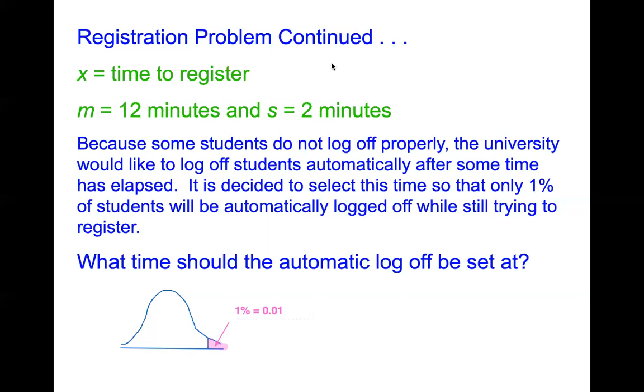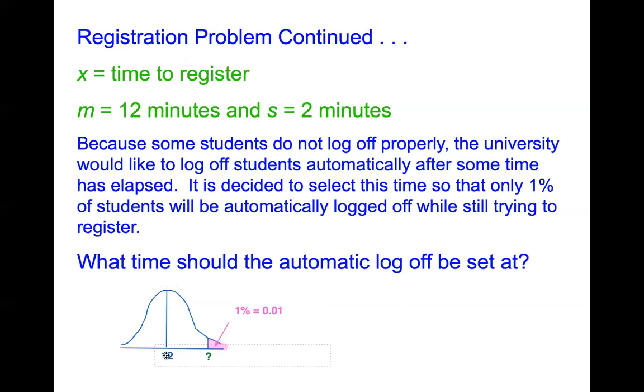Okay, and then our goal is to find out what is this number that cuts off the very top 1%? And at this point, all we know is that it's going to be greater than 12, right? 12 is right in the middle. So the only thing we know right now is that it's going to be more than 12.